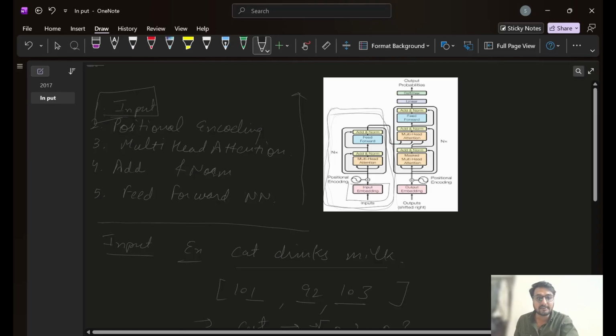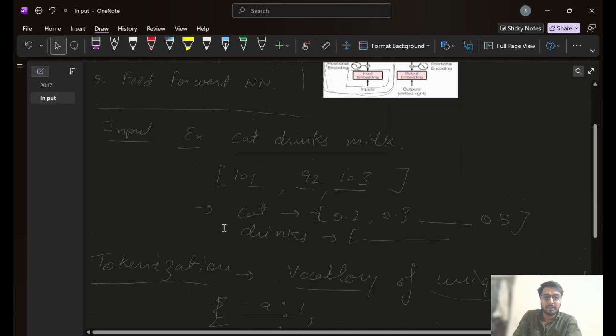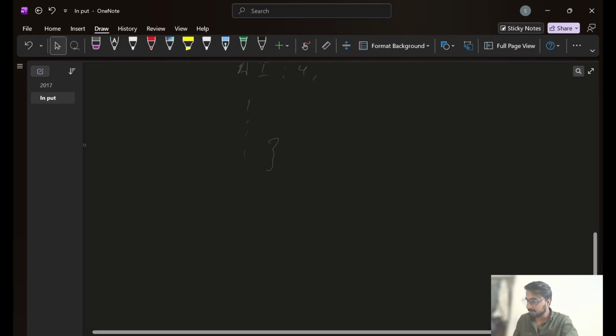Input embeddings. What do we mean by embeddings?